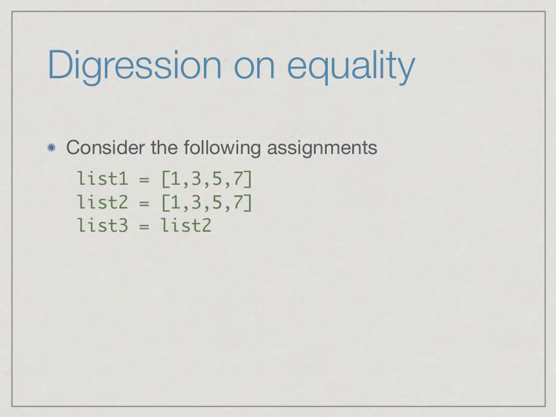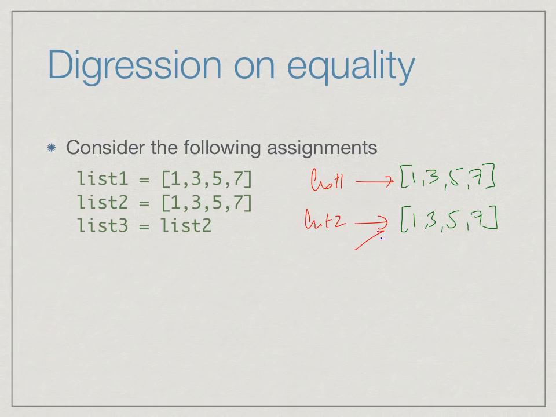So we have now, pictorially, two lists of the form [1, 3, 5, 7] stored somewhere, right? And initially list1 points to this and list2 points to this, and the last assignment says that list3 also points to this.